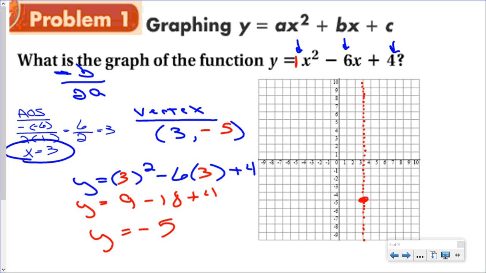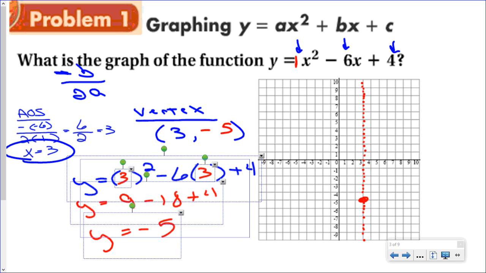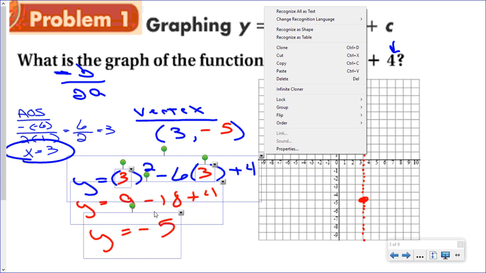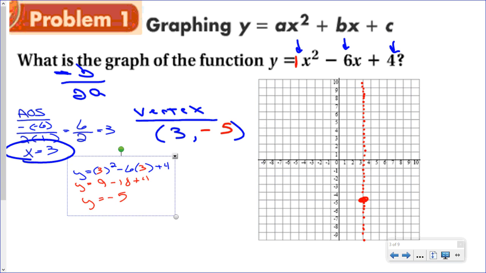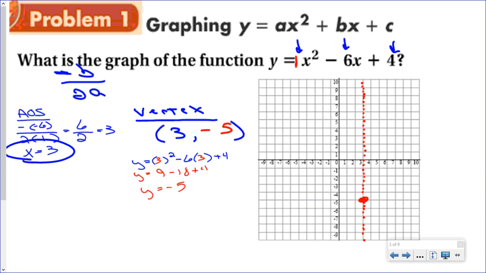Here's how you find a couple other spots. We'll make a table. And when we make that table, we're going to use some really easy numbers, some convenient numbers that go pretty quick overall. So when you make a t-table, go x and y. Use the number 0 to start off with.